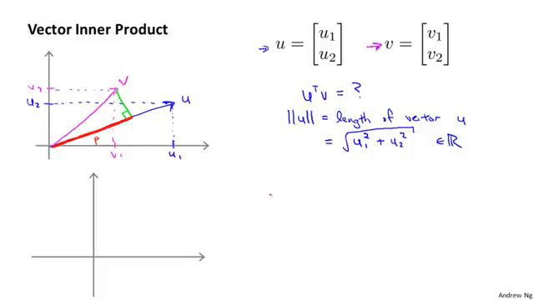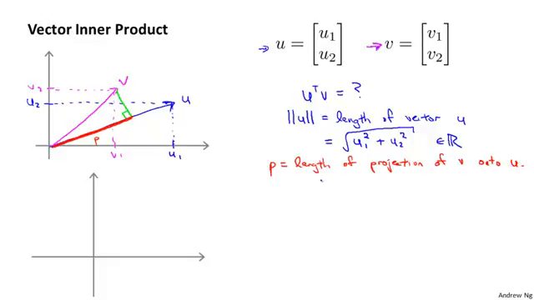So p is the length, or the magnitude, of the projection of the vector v onto the vector u. Right? So let me just write that down. So p is the length of the projection of the vector v onto the vector u.